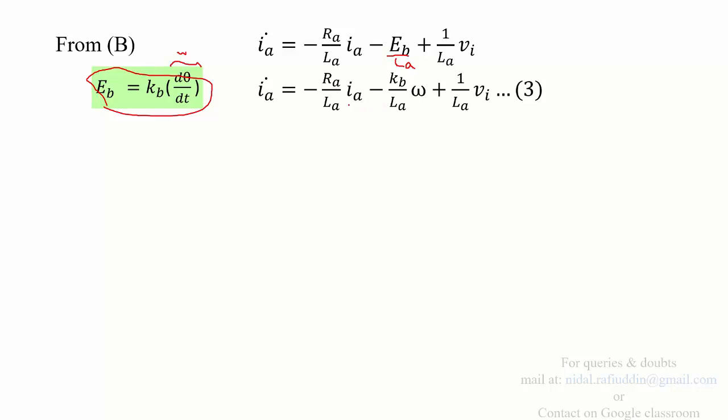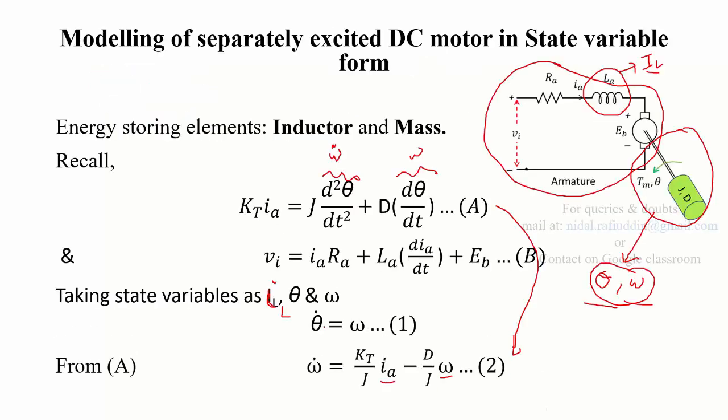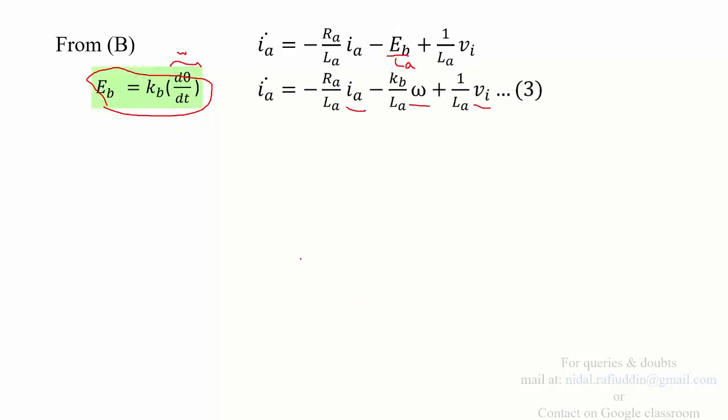Now we see that the state change for Ia dot is written in terms of state variable Ia, another state variable omega, and the input Vi, and thus this can help in formulating the matrices A and B. So from equations 1, 2, and 3, what were 1 and 2? Equation 1 is this, equation 2 is this, and we get equation 3 as this.